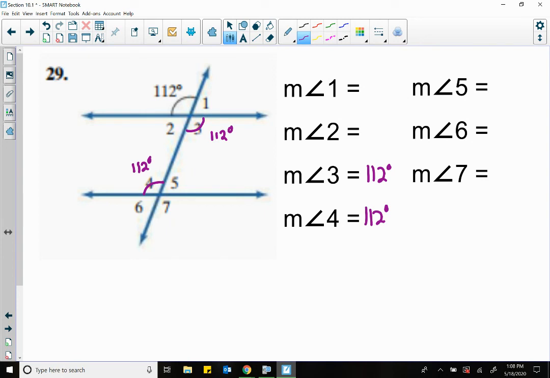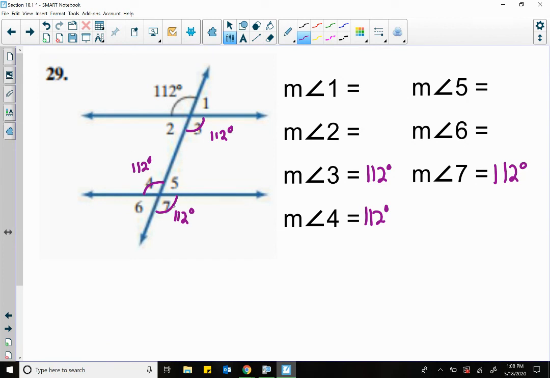So the last angle we know that is congruent real quick is that the measure of angle 7 has to also be 112 degrees. And notice I marked all those with the same markings. So all these that have that one arch are all 112 degrees. Now, the reason we know that angle 7 is 112 degrees, lots of reasons. You could talk about how these two are vertical angles.